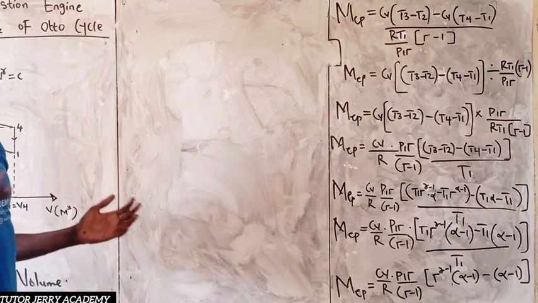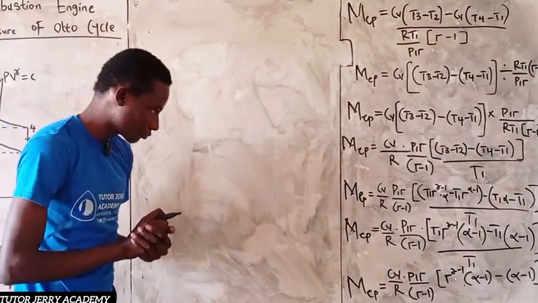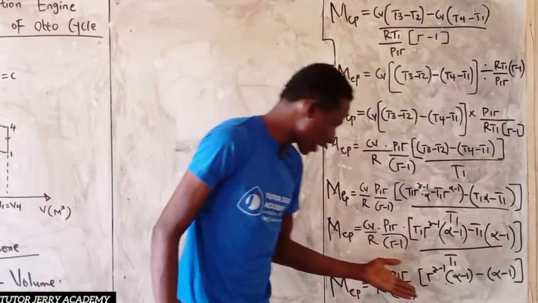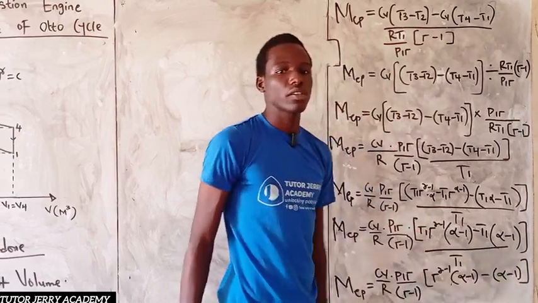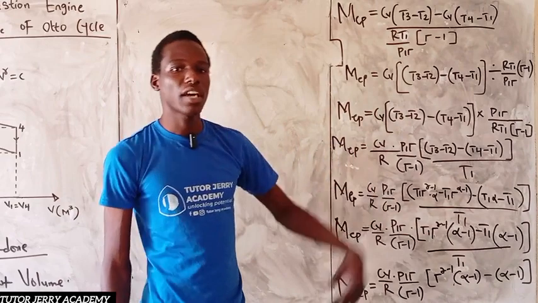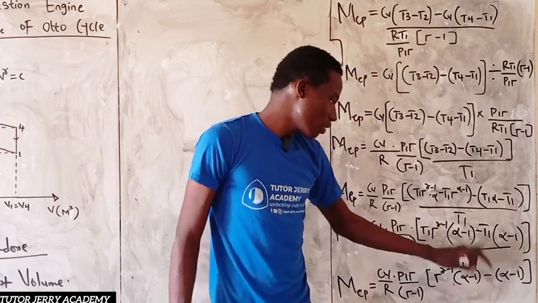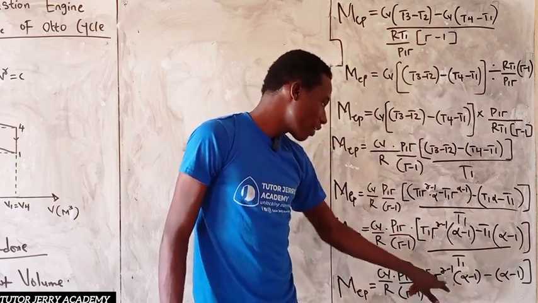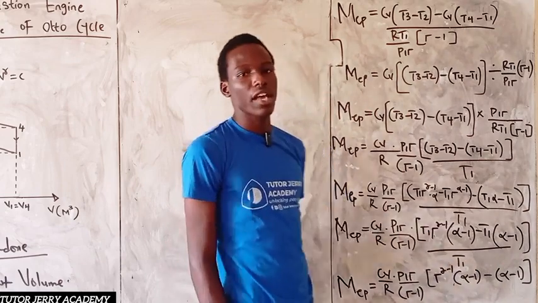So now let's simplify further. Now from here you can see that both the term on this side and the term on this side, alpha minus 1 is common. So we are going to be factoring that out. To factor that out, we are going to be having alpha minus 1 multiplying compression ratio to the power of gamma minus 1 minus 1. So that is what we are going to be having.